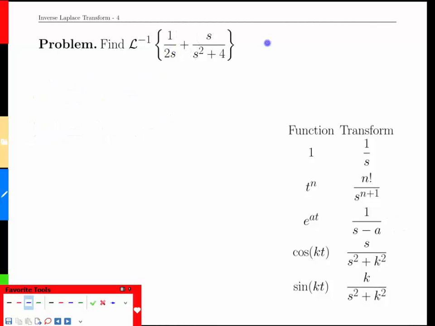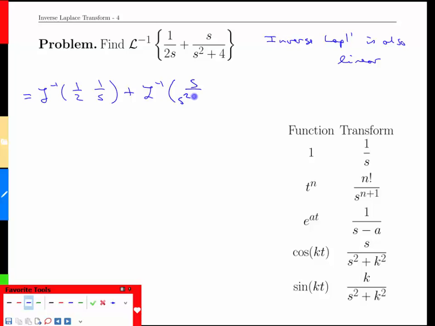We've implicitly assumed here, we're going to make it explicit here, the inverse Laplace is also linear. If the inverse is linear, then we can take advantage of that and say, well, we have the inverse Laplace of 1/2 times 1 over s plus the inverse of s over s squared plus 4. Then we can look at each of these members individually, and we can look at the 1 over s.